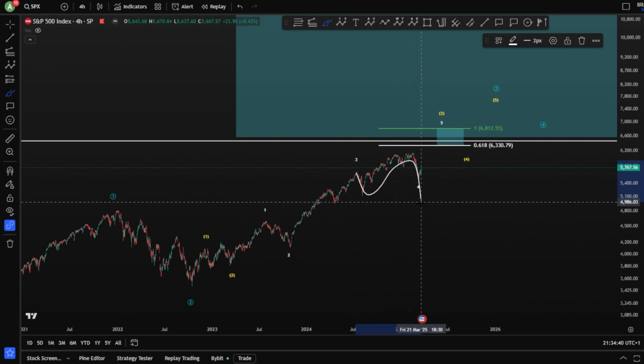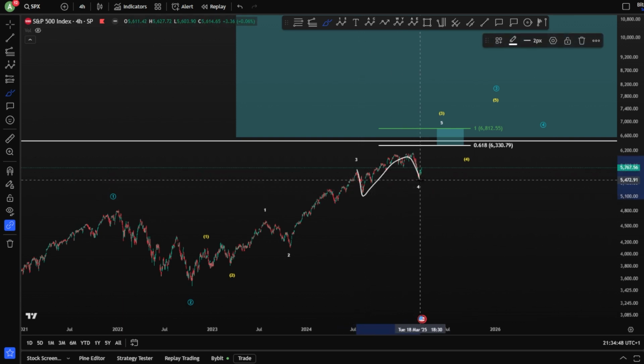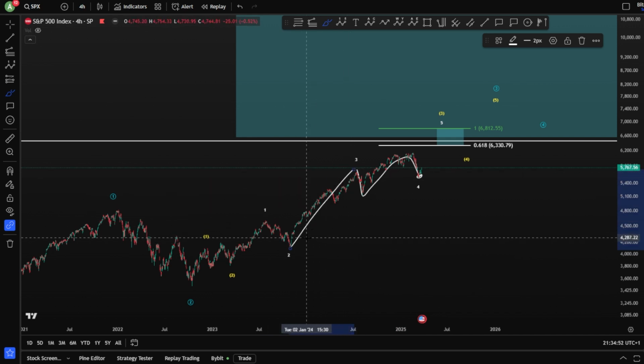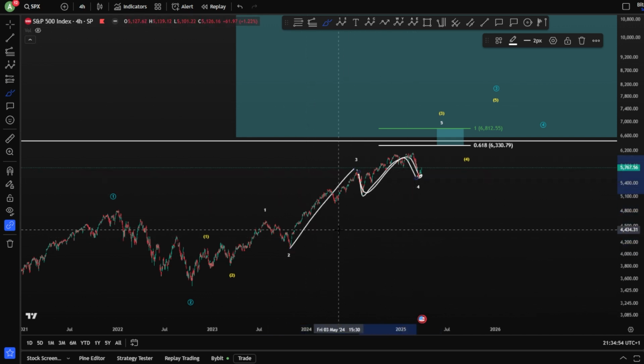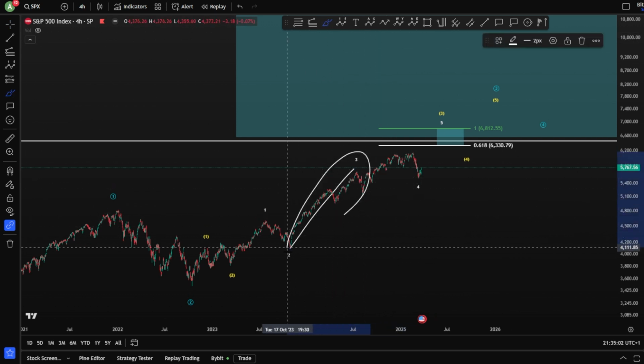I need a deep wave 2 to call it a wave 2. This is not enough to call a wave 2. Now, it can be a WXY wave 2, but having a very long wave 3 and a short correction with truncation, there is much higher potential that this is a wave 4, because of the long wave 3 as well.